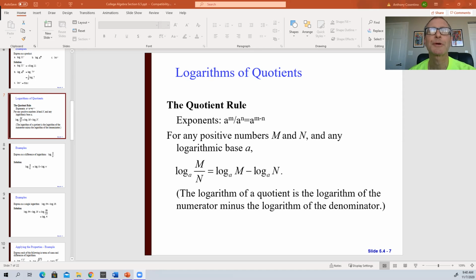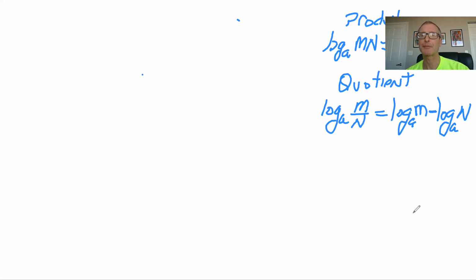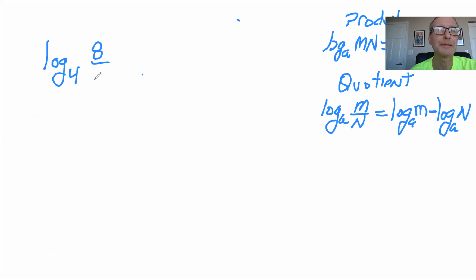And so let's walk through a couple of these examples. And so here is the quotient rule. And so this idea would be, let's find one here. Let's start with something like this. Say like we had log of base 4 in this case. Say like we had 8 divided by w.